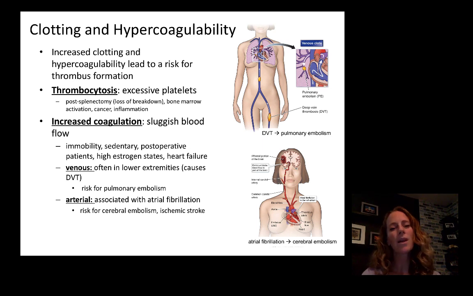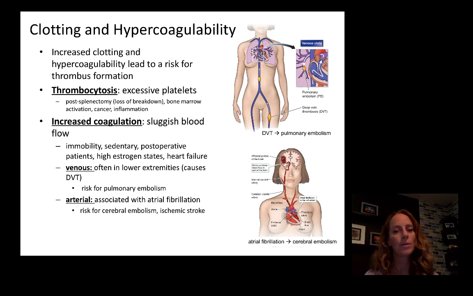So the reason we want you to take a look at the clotting cascade now is because of clotting and hypercoagulability in patients. So increased clotting and hypercoagulability leads to a risk for thrombus formation. Thrombocytosis is a condition where you have excessive platelets.